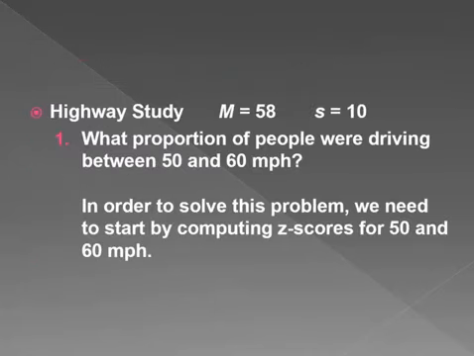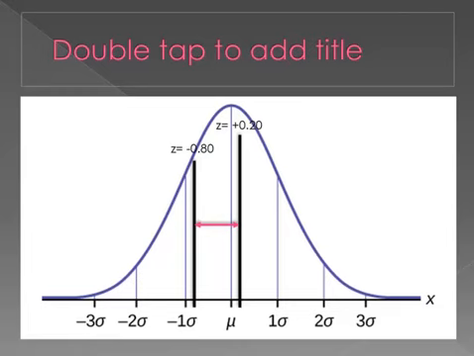And remember, the question is asking us to find the proportion of people traveling between 50 and 60 miles an hour. So the next thing we want to do is draw a normal distribution and plot where those z-scores are and label them, which is what I've done right here. And again, the problem is asking us to find the proportion of people traveling between these 2 values.